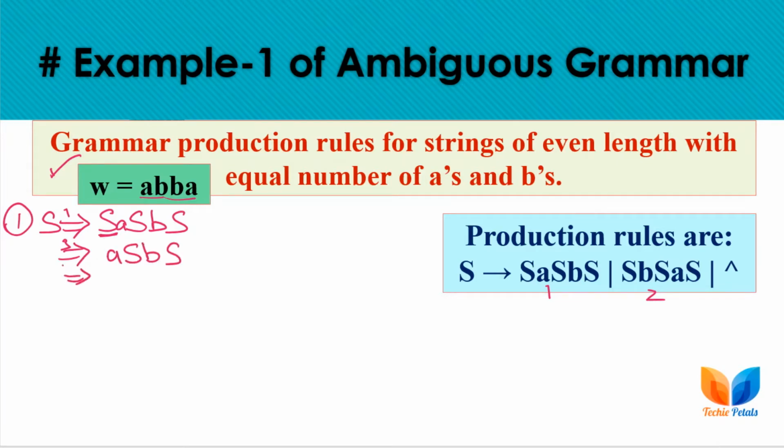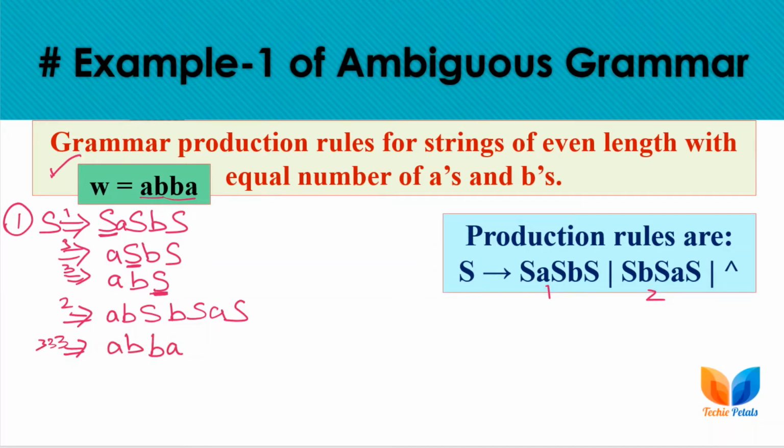After the application of rule number 3, again we replace the leftmost symbol with null, so the resulting sentential form is this. Now we apply rule number 2, and the resulting sentential form is A B S B S A S, and by the application of rule number 3 three times, we get the string A B B A, right?